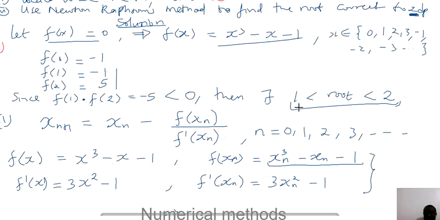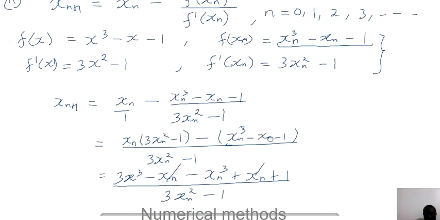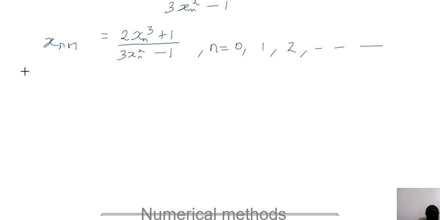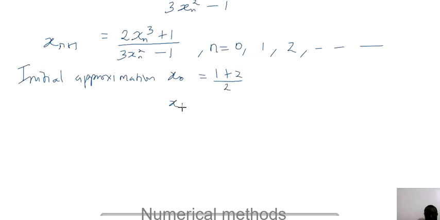Now these are going to act as the limits. 1 and 2 are going to act as the limits, and we shall have to use 1 and 2 to find the initial approximation x naught. Initial approximation x naught is going to be the average of the two limits 1 and 2. Average, meaning you have this over 2. So x naught is equal to 1.5.